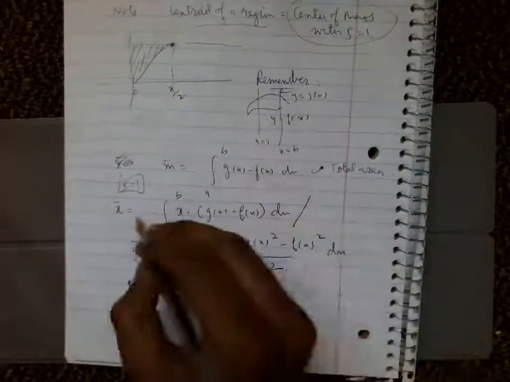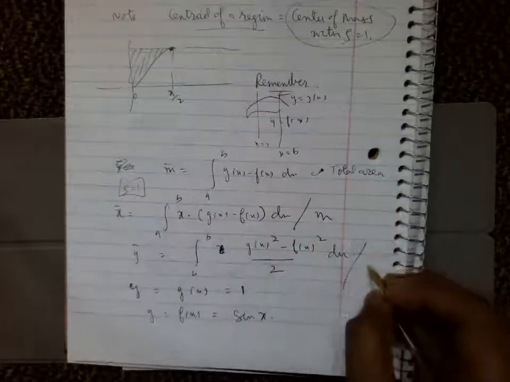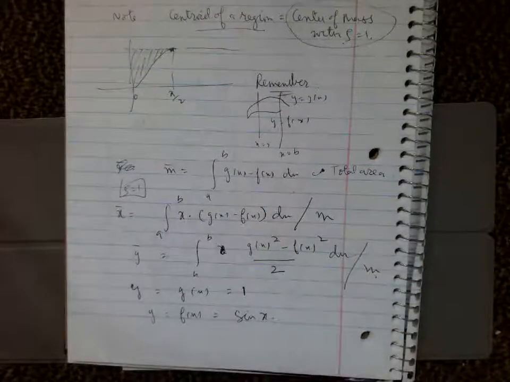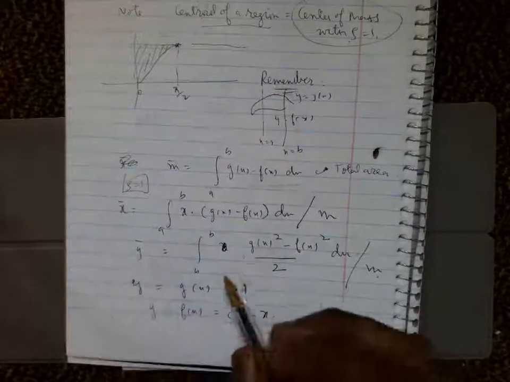So the x coordinate would be this divided by the total mass which is this, and the y coordinate would be this divided by the total mass which is again this. So these are the coordinates of the center of mass.